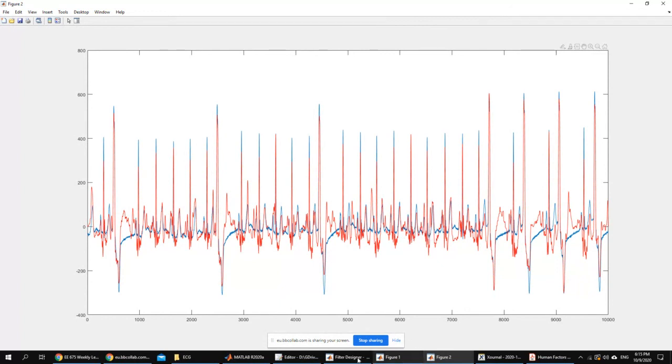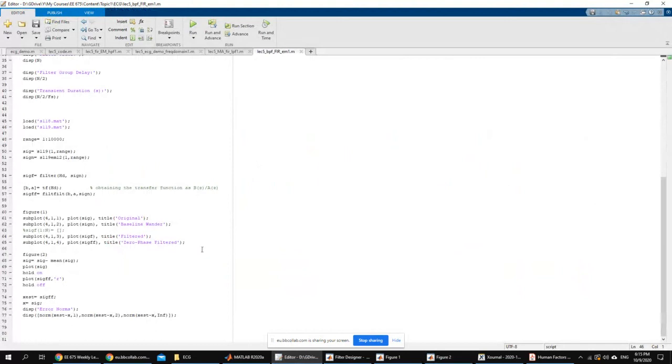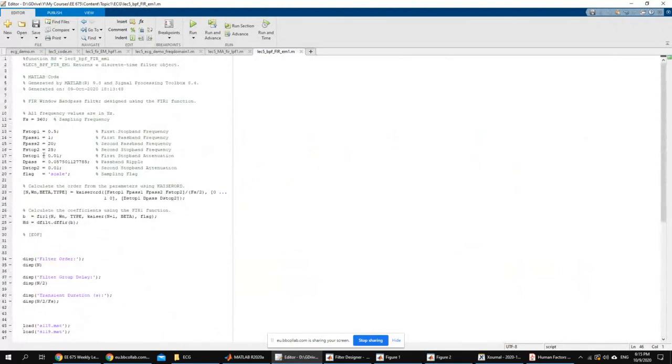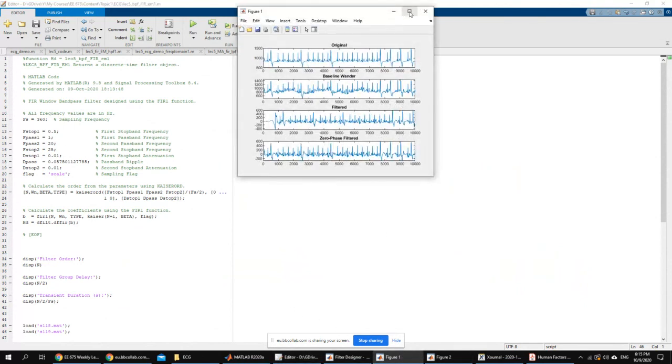My optimization here was to change the parameters so that I can get something that would look good. The first ones, the 0.5 and the 1, seem okay because I don't really see any baseline variations.